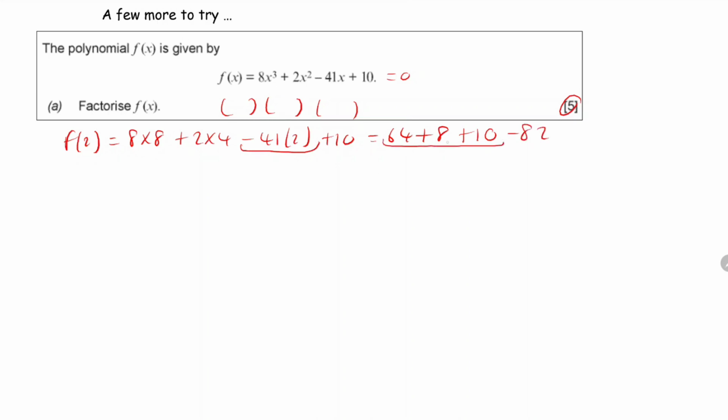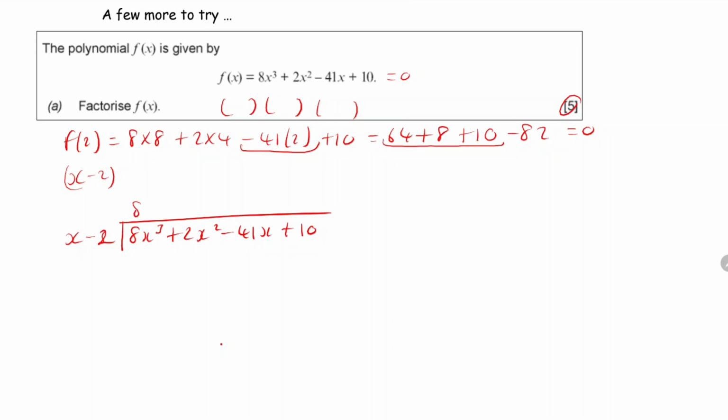We can see that these three numbers come to 82, so that equals 0. So our factor is x minus 2. Next we're going to divide. We have 8x cubed plus 2x squared minus 41x plus 10.